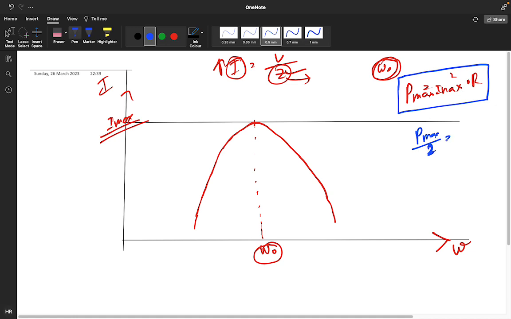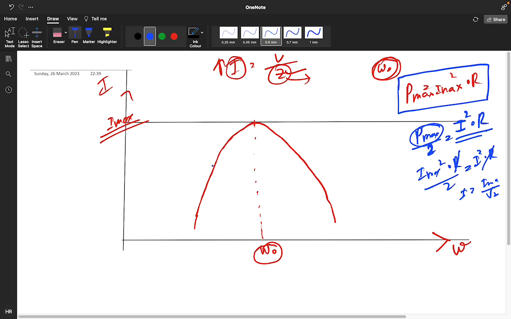I am assuming a different current, some random I value, so I square into R. I max square into R by 2 is equal to I square into R. If I solve this, I will get the I value as I max by root 2.